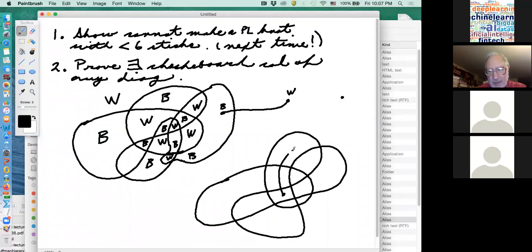Well, find a pathway avoiding the crossings from the outside point to the point involved, and check the parity. 1, 2, 3 crossings. 3 crossings from white will be black. All right, odd crossing, black. So B corresponds to odd, W corresponds to even.